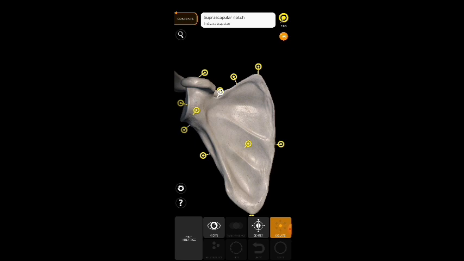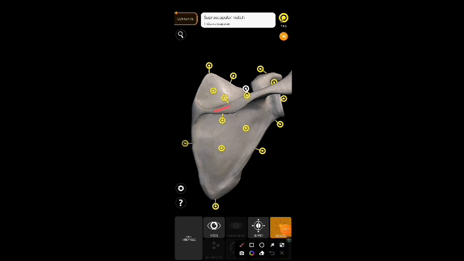On the ventral surface or subscapular fossa, it has 3 ridges: 1, 2, and this is 3.